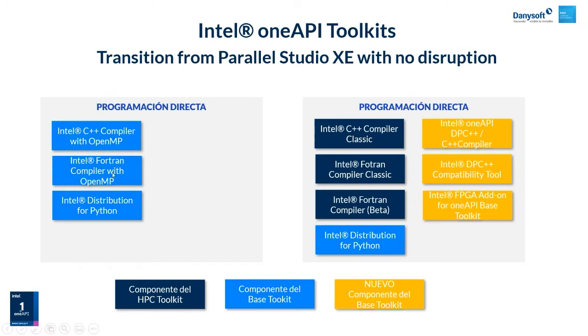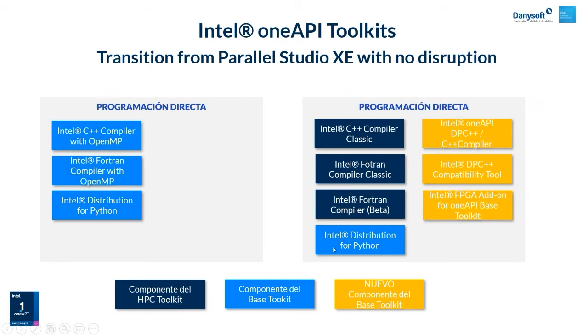Now, in the products for direct programming in Parallel Studio there is the C++ compiler, Fortran compiler, and the distribution for Python. In dark blue are the components that will be in the high performance computing toolkit.